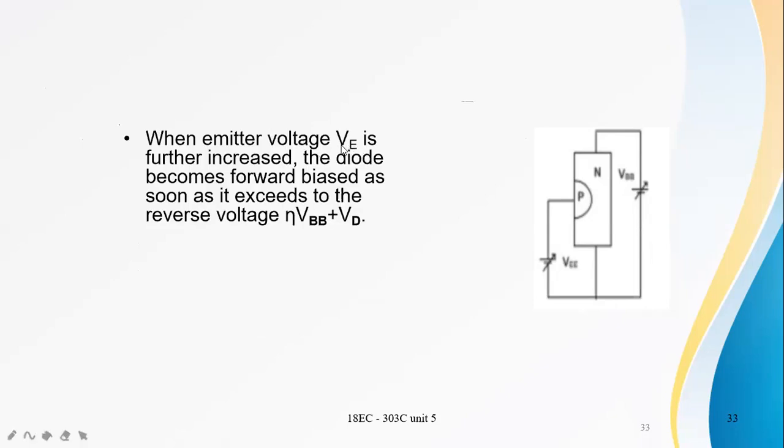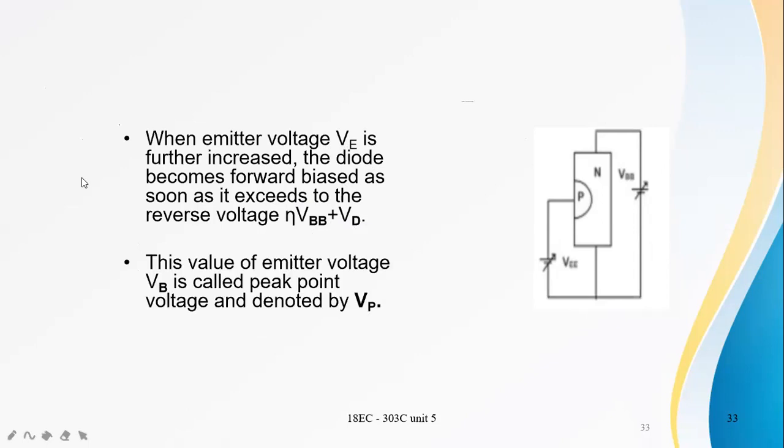When the emitter voltage VA is further increased and becomes equal to eta VBB plus VD, and then exceeds this voltage, the diode conducts. That means it comes into the forward mode.